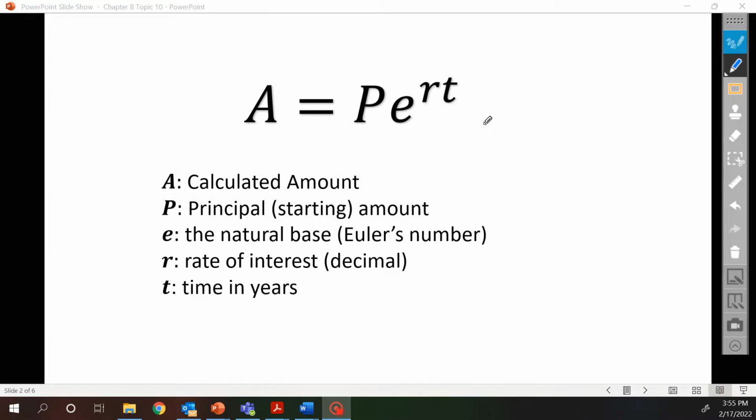This formula describes continuous growth, specifically when we're referring to compounded interest, like in a bank account or a loan or an investment. This is what our problems are going to be in reference to. But this formula can describe other types of growth as well. The important thing is that this is describing continuous growth.